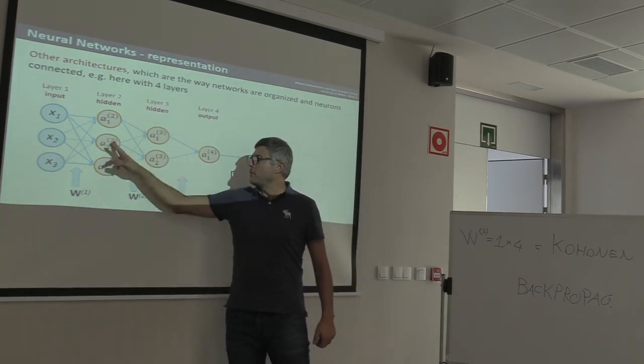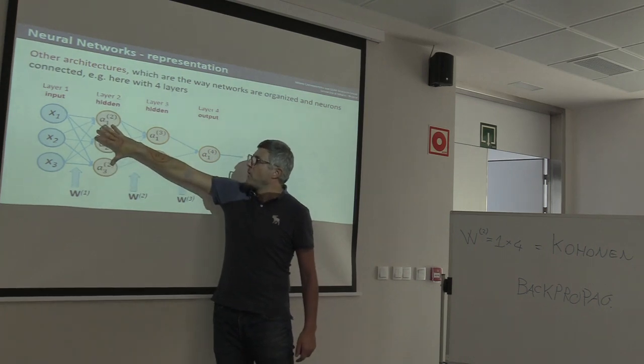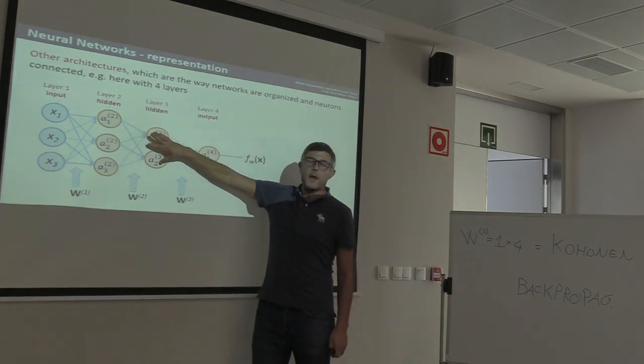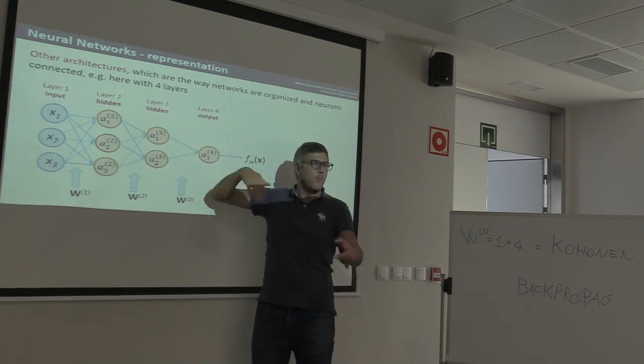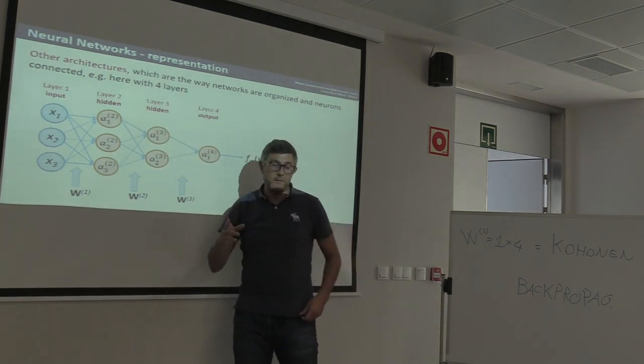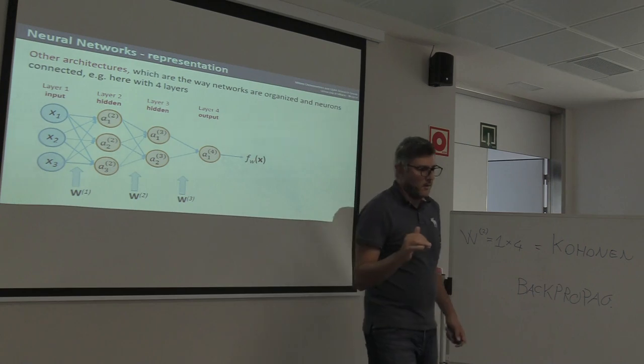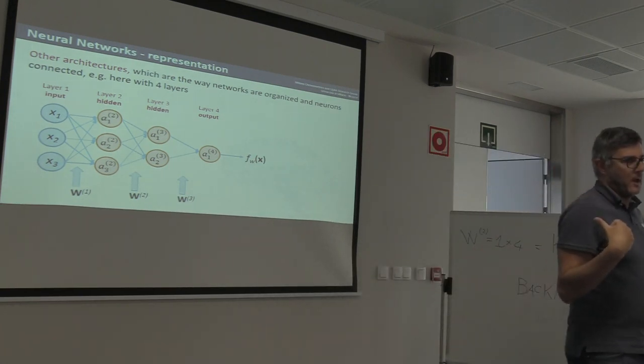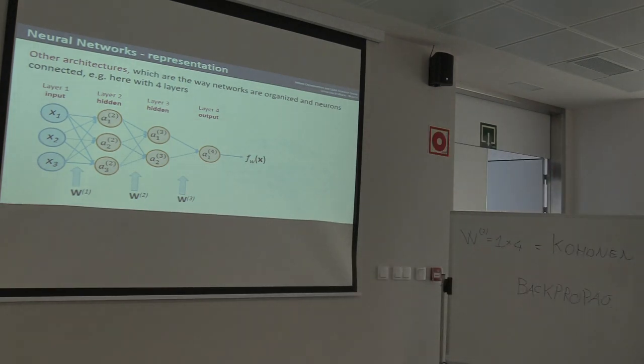We can have more neurons here, and we can reduce the number of neurons here, or the opposite, it doesn't matter. This is why I said defining the structure of a network is not easy, because you have to define many things. The first thing you have to define is how many layers and how many neurons for each layer, so what is called the architecture of the network.